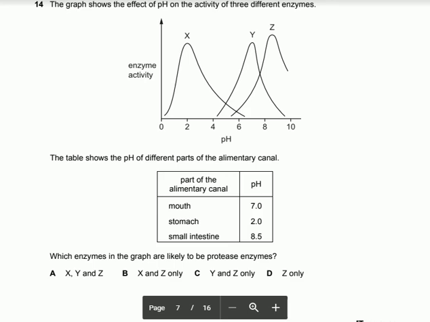The protein needs to be broken down into polypeptides and amino acids, and thus the stomach also has some protease. It's in the textbook, certainly, that's why I'm telling you guys. And protease needs to work in both basic and acidic conditions. First it needs to be acidified into polypeptides and then broken down to amino acids, and thus the answer is X and Z.